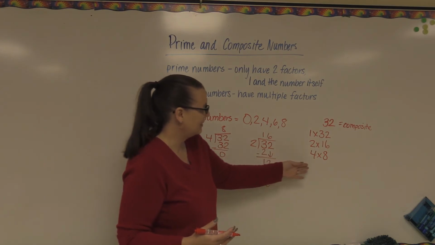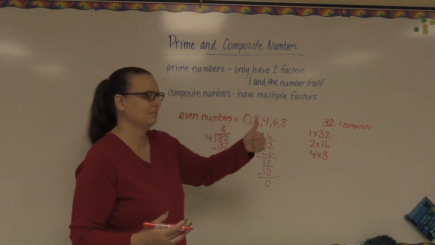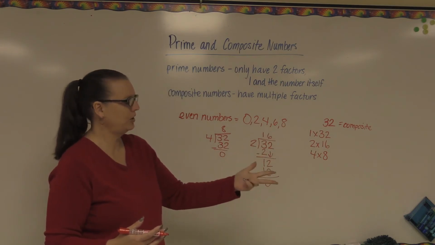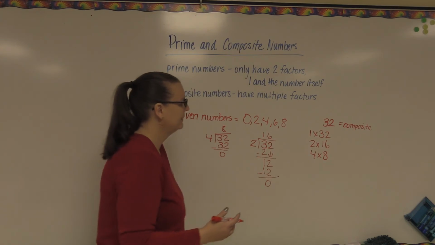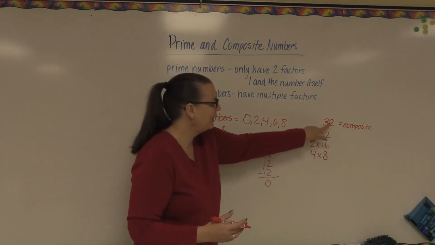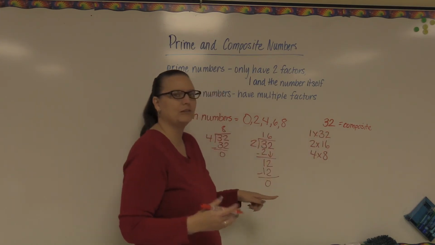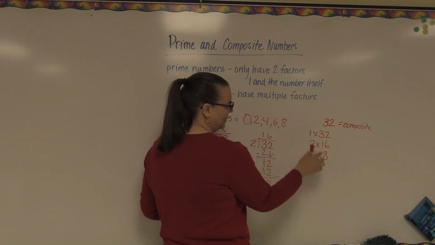Okay? 7. We'd have to count multiples of 7. Is 32 a multiple of 7? 7, 14, 21, 28, 35? Nope. The next one would be 8, and we've already found that 8's a factor. So we have found all the factors of 32. And again, just for practice, we're going to list them in order, smallest to largest.